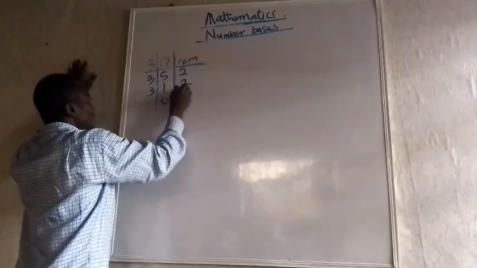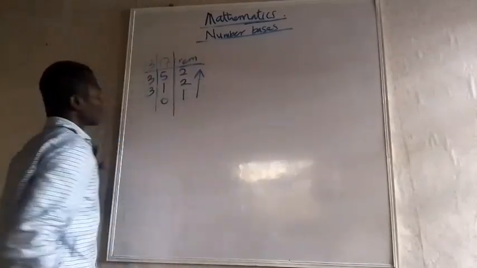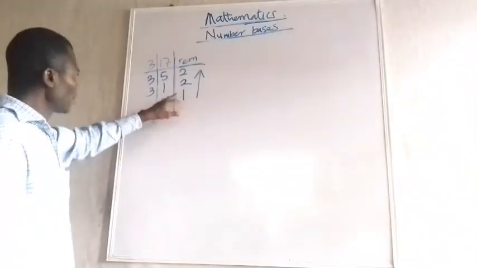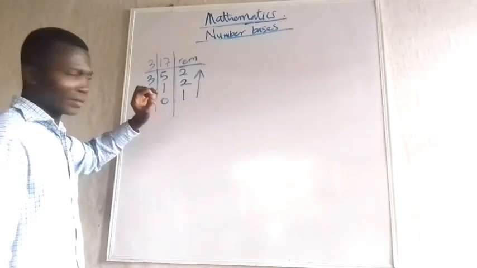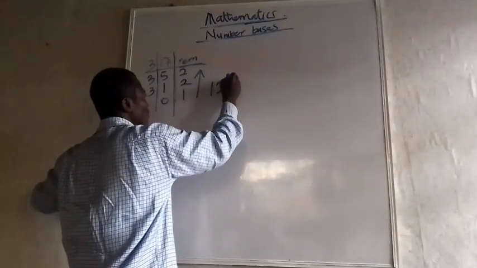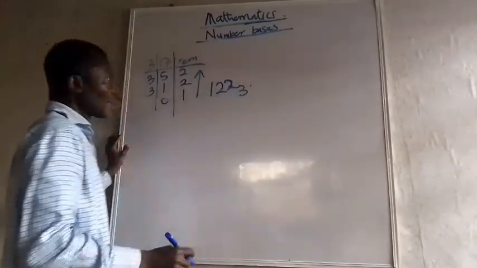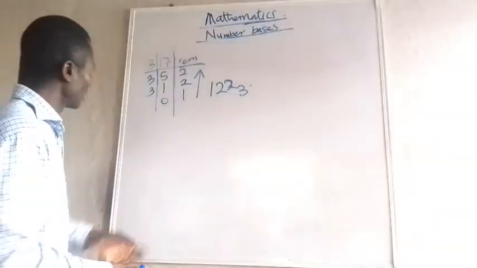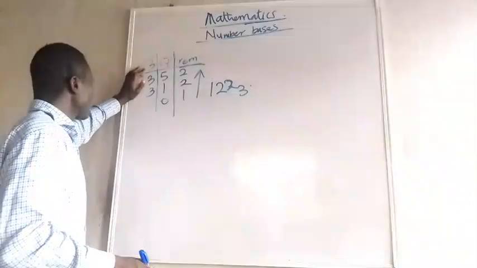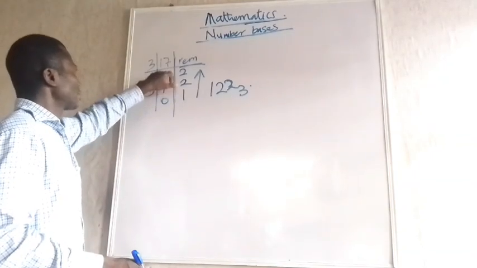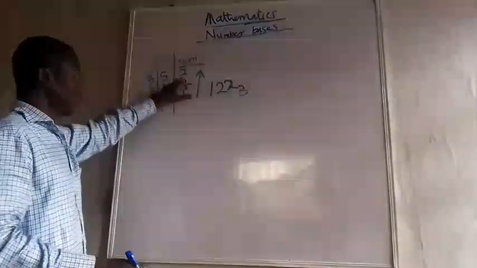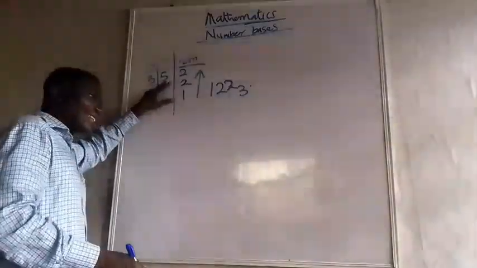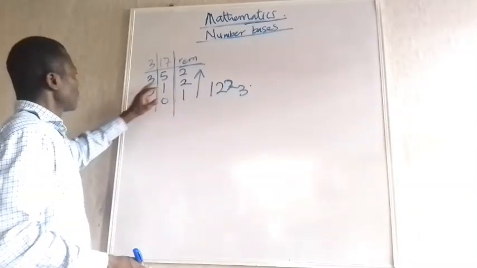Now, from here to this place, I got 1, 2, 2. How? What is the process I used? I divided by 3, got 5, remainder 2. I divided this again, got 1.